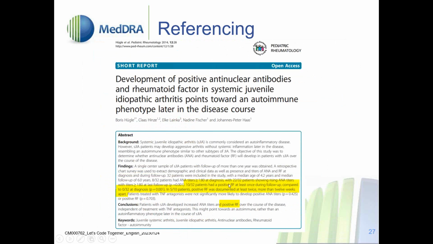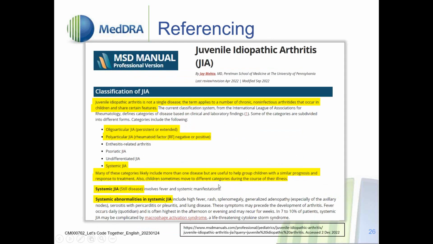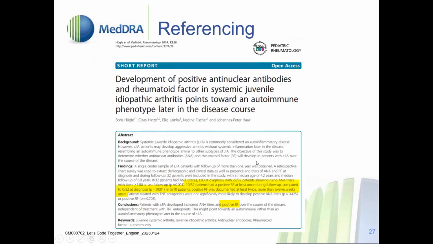So they were converted to be seropositive during the follow-up period, and none of them had a positive rheumatoid factor before. So this really shows what we saw earlier in our definition, that the children may move to different categories during the course of their illness. So this seems to be the case in our example as well.